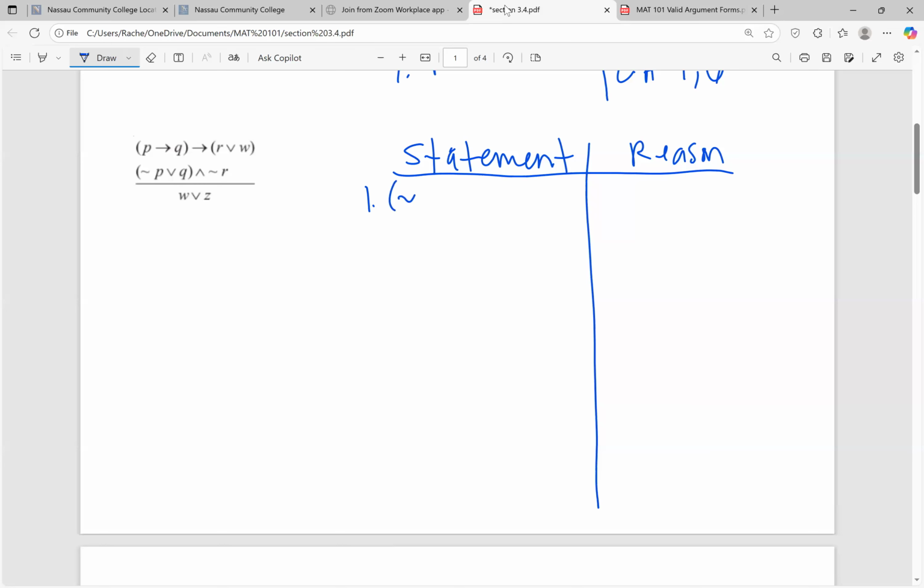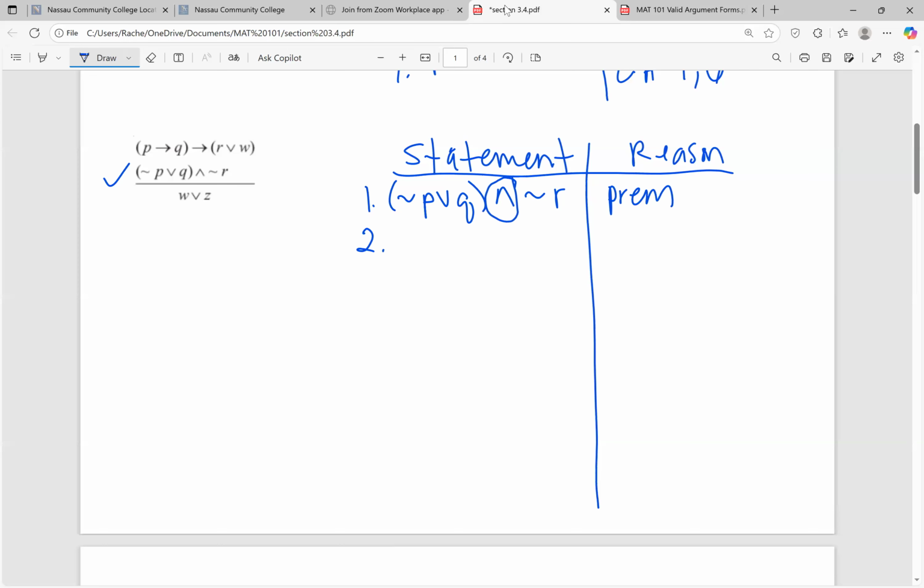So we have not P or Q and not R, right? So that's a premise. And let's check it off. We don't have to use that again. And so what I was just saying is that you see how we see not P or Q, and that's equivalent to P implies Q, but I have to get it alone first in order to rewrite it as an equivalent form. But you see how we have a conjunction here.